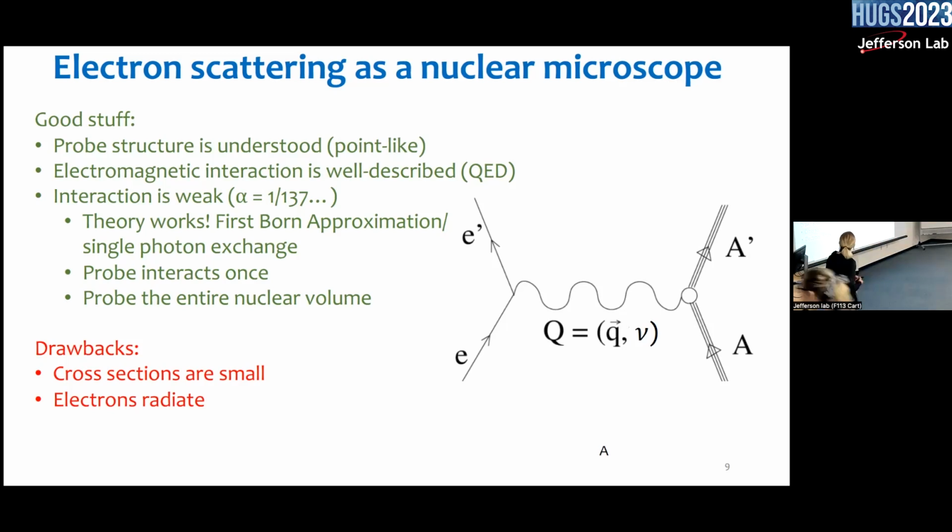So electron scattering, we view it as the nuclear microscope. The really good thing about it is that the electron is a point-like probe, so it has no structure, and it samples basically the whole nuclear volume. You can tune the kinematics of what you're looking at to determine what you want to measure.